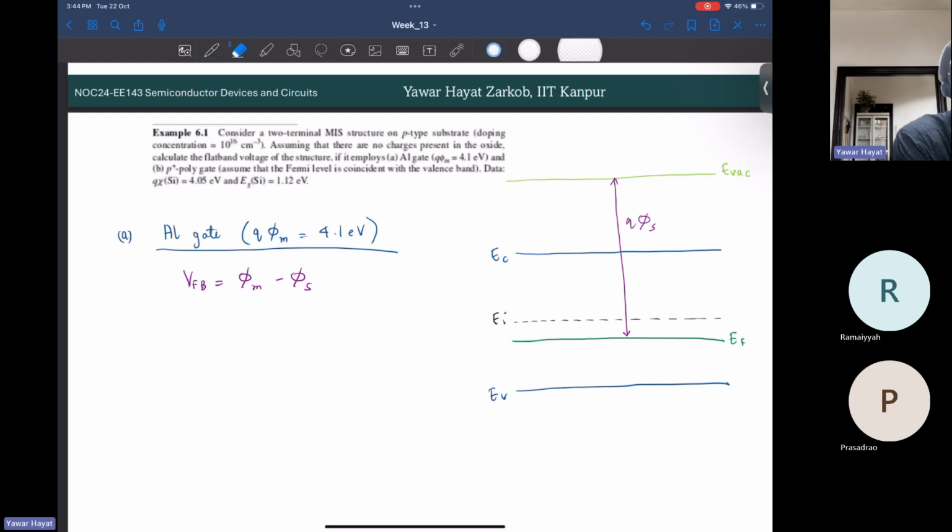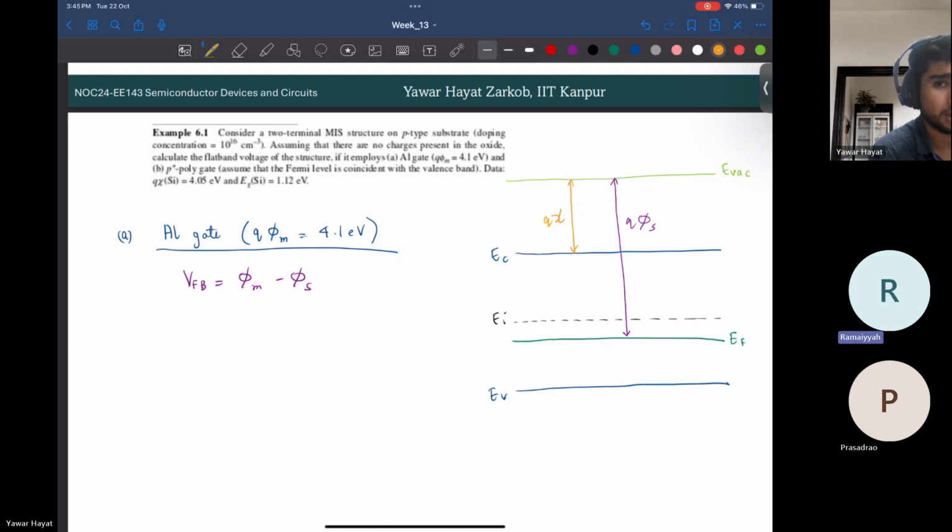That is given. So we'll point out them using, I guess, yellow. This part is given. This is Q chi. What else is given? The band gap is given. Band gap. And how can I make use of that? EC minus EI could be obtained.